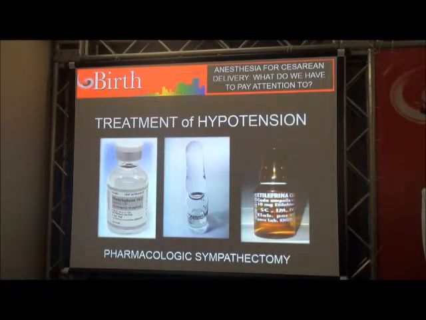You can treat hypotension by what is called pharmacological sympathectomy through the administration of phenylephrine, ephedrine, or etilefrine, the drug of choice being phenylephrine intravenously. You should not start your surgery, unless you have a placental abruption or a cord prolapse, until you have recovered from the maternal hypotension so that the fetus is born in good condition.